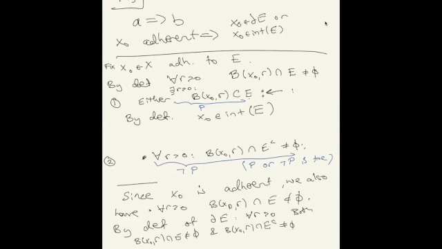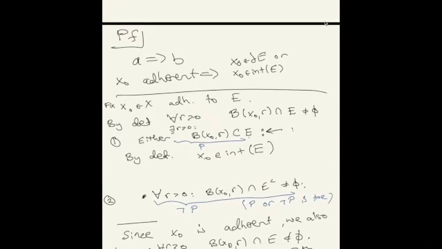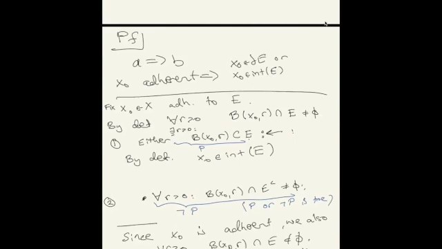This is the case that we have, and this means that x0 is in the boundary of E. And this is done because we have shown that either we are here, which is case 2, in the boundary, or we are in the interior, which is case 1.